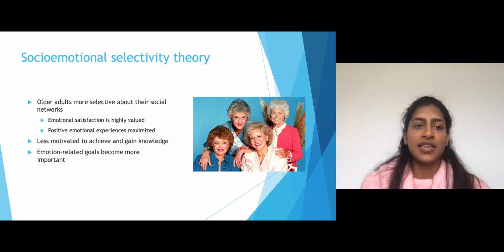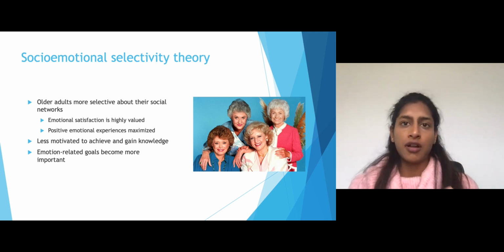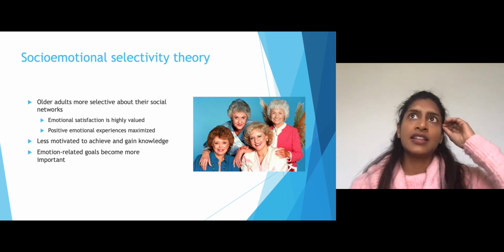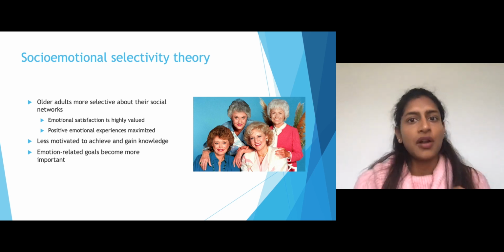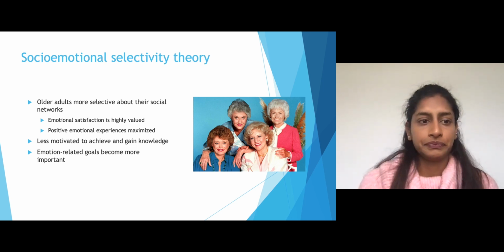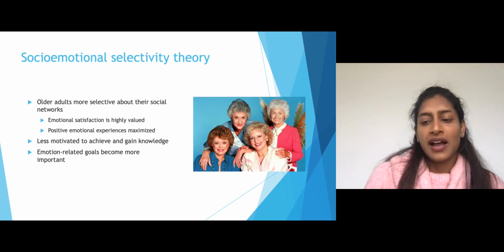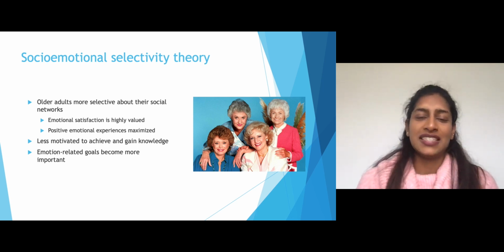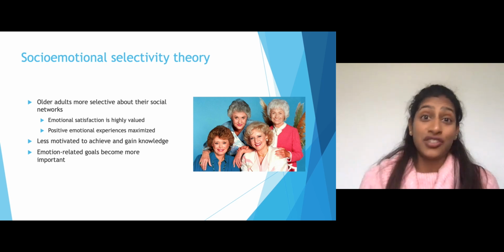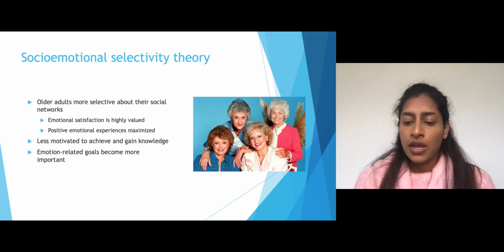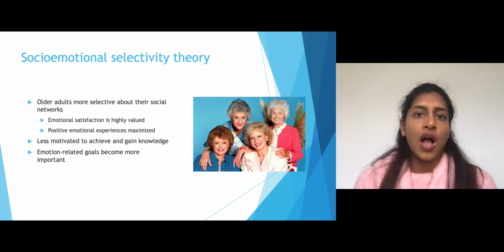And so what they're doing is they're investing greater amounts of time in relationships that are meaningful to them and are worthwhile to them, that bring them that positivity. And so this is kind of an interesting model, this theory that we see, and we can actually see it kind of unfolding in front of us in real time. So again, sort of accounting for why we might see this positive emotion.